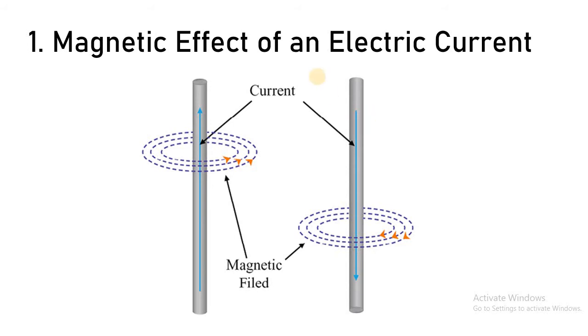They are clockwise. Very good. It means that when the current is in upward direction, the magnetic field is anticlockwise, and when the current is in downward direction, the magnetic field is clockwise. So what this point wants to give you is the effect that as the direction of current changes, the direction of magnetic field changes. So the direction of magnetic field depends on the direction of current.